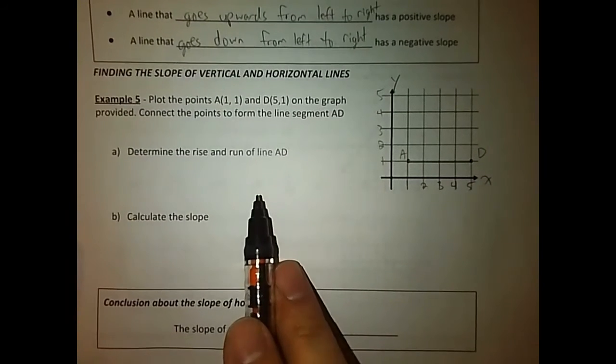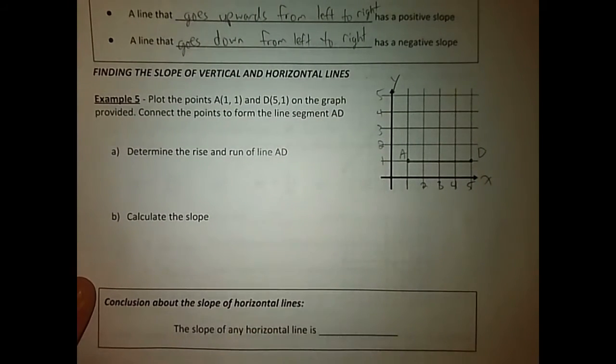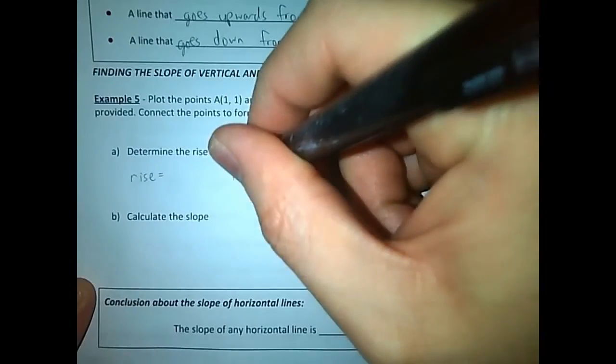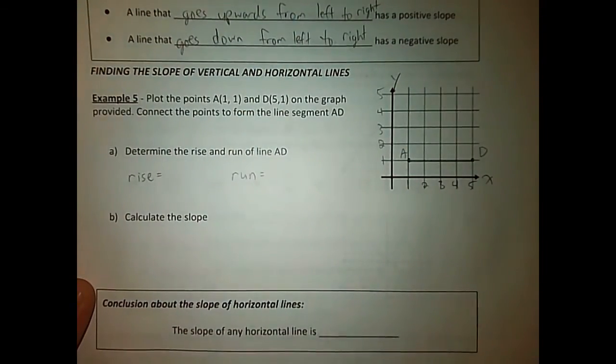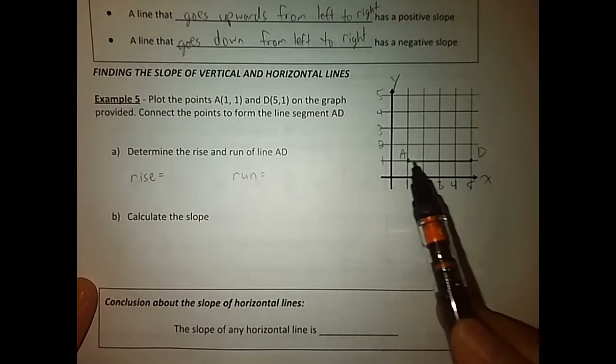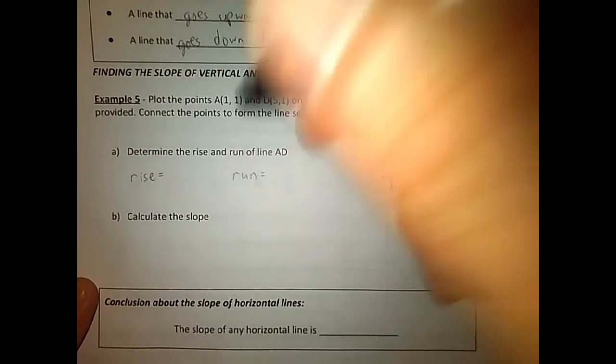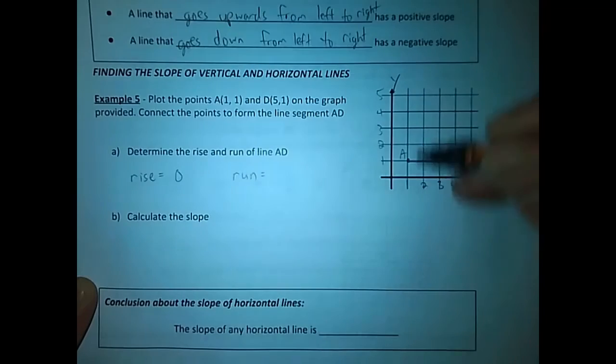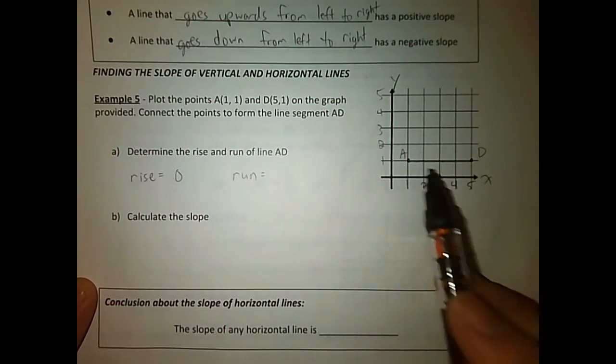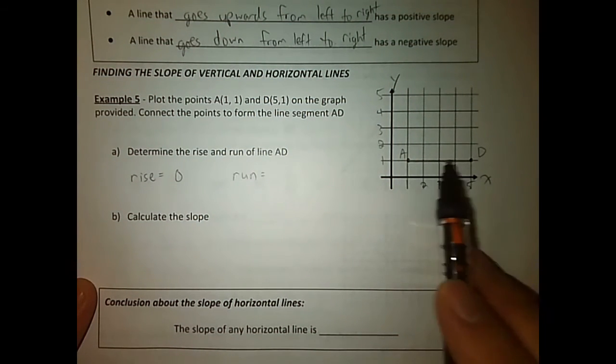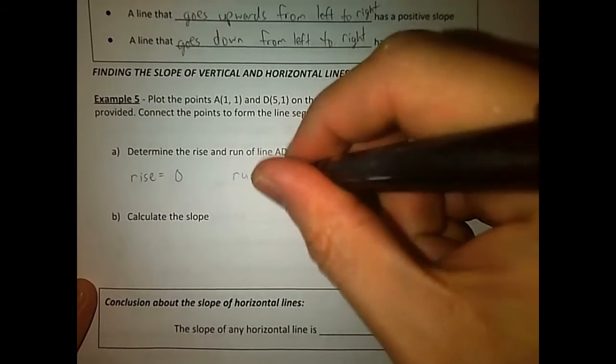So determine the rise and the run of line AD. So if I have the rise here and the run. So the rise, are we going up and down at all? Not really. So we have a rise of, I guess, 0 because it's not moving up and down. It's just kind of staying the same. And then my run in this case is 1, 2, 3, 4. So my run is 4.